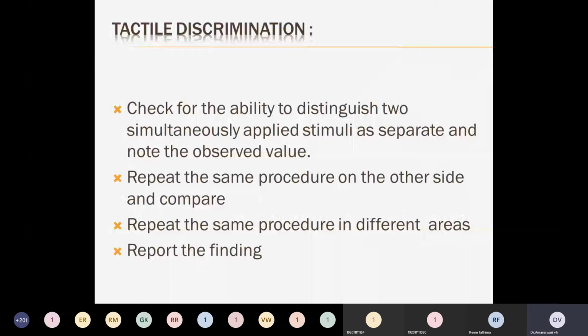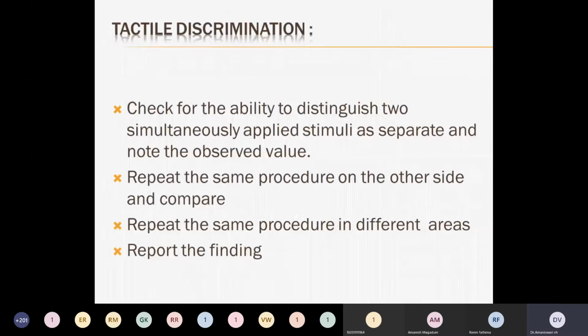Yes. What is tactile discrimination? No. Don't know. Is it like discriminating between different types of touches, like fine touch and crude touch? No. It is not between two different sensibilities.